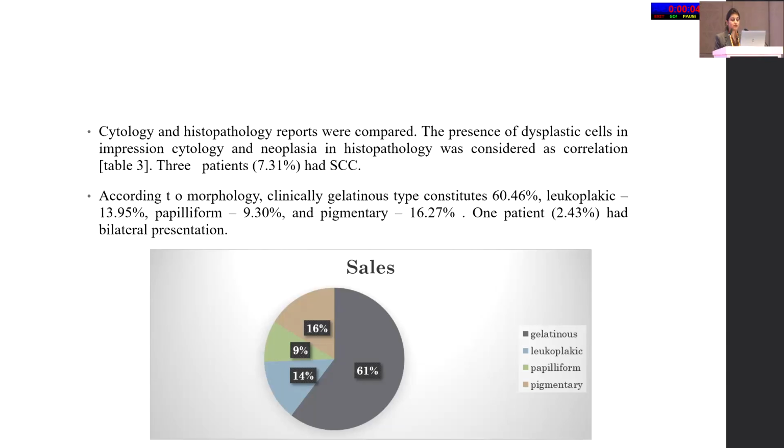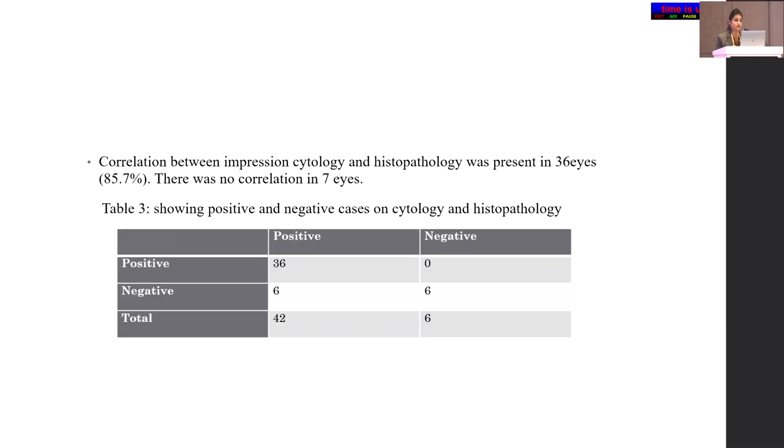The presence of dysplastic cells in impression cytology and neoplasia in histopathology was considered a correlation. 3 patients, 7.31%, had squamous cell carcinoma. According to clinical morphology, the gelatinous type constituted about 60%, leukoplakic 13%, papilliform 9%, and pigmentary 16%. One patient had a bilateral presentation.